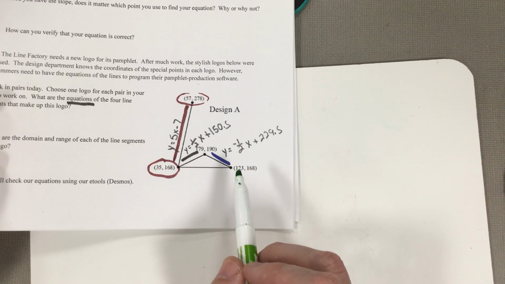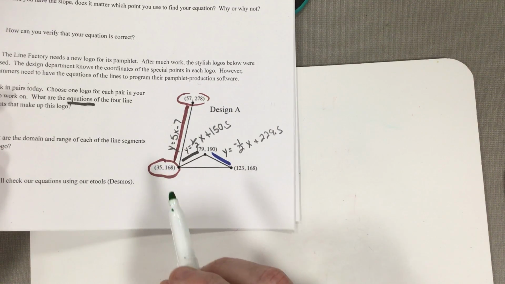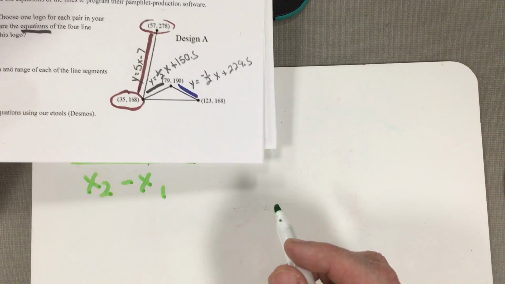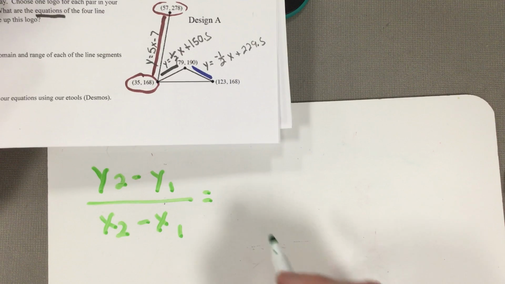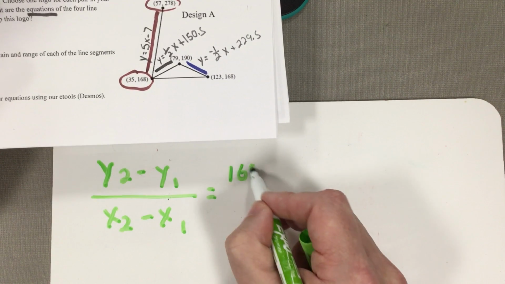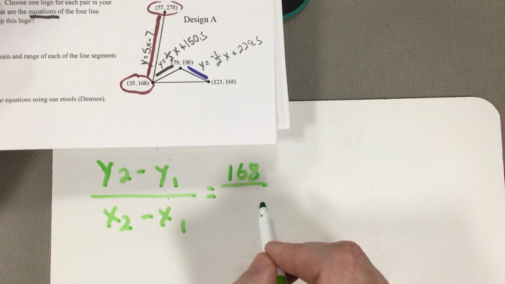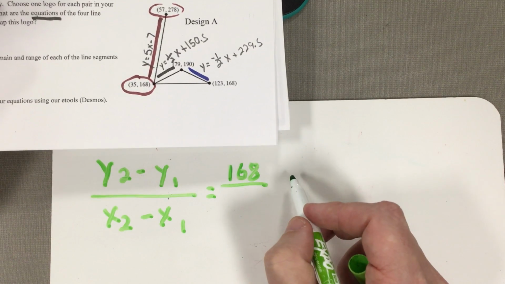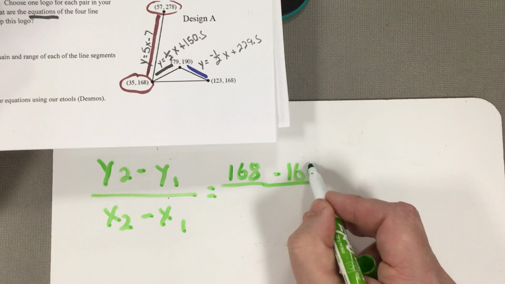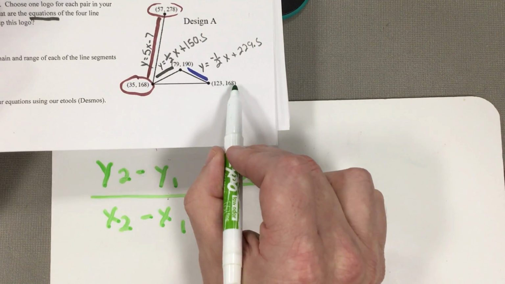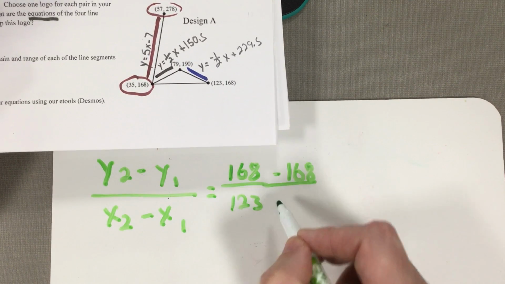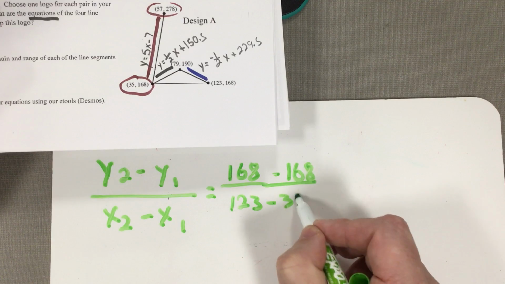Because 123 minus 35 keeps it positive, but you'll see in a little bit that doesn't really matter. So if I look at this, I take 168 and I'm going to subtract, it's going to be a little bit longer, 168. So I took this minus that. Now I'm going to take the 123 minus 35.